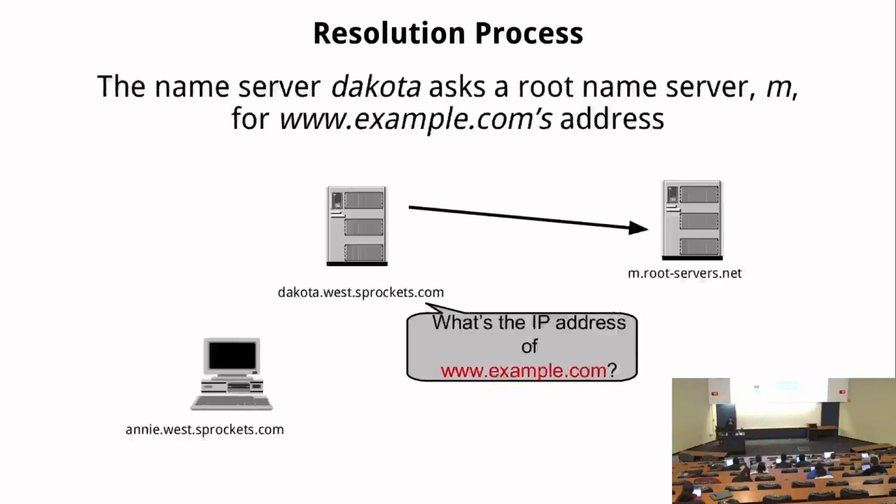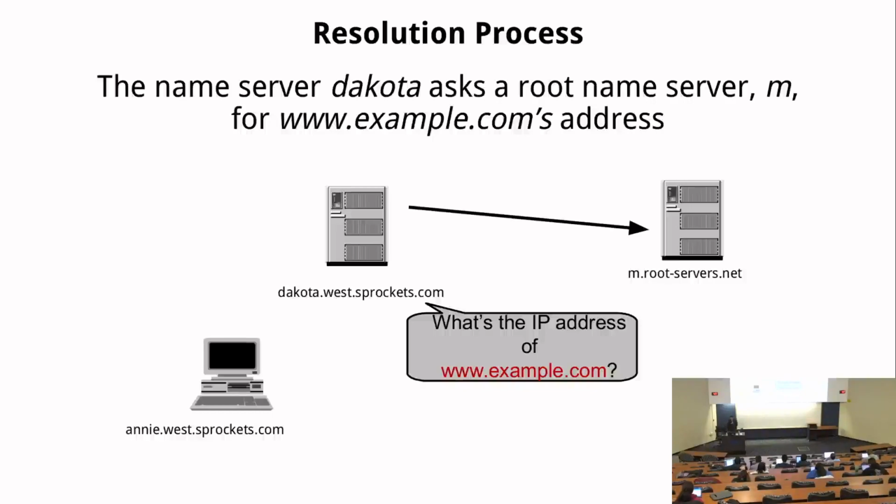Dakota in this case doesn't really know the IP address of www.example.com. Right at this point, it doesn't even know that the top level domain is .com.